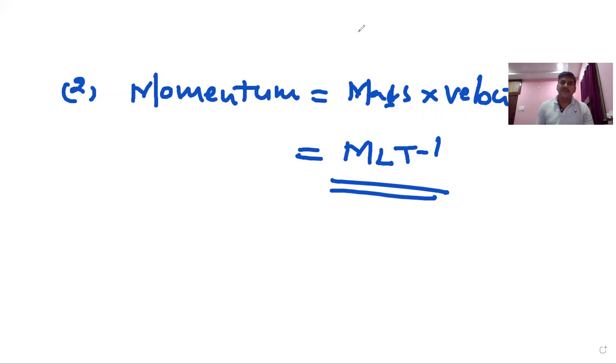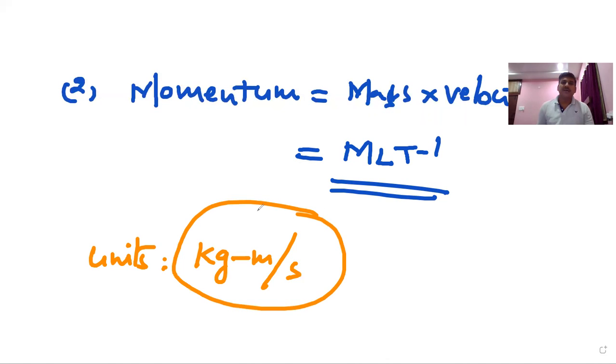Once again, coming to the units expression, mass stands for kg and length is meter, per second. This is the unit in the MKS system. That means earlier impulse and now momentum both have the same units, kg meter per second, in the MKS system.